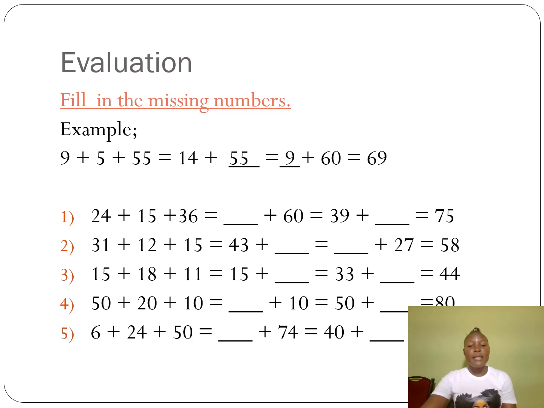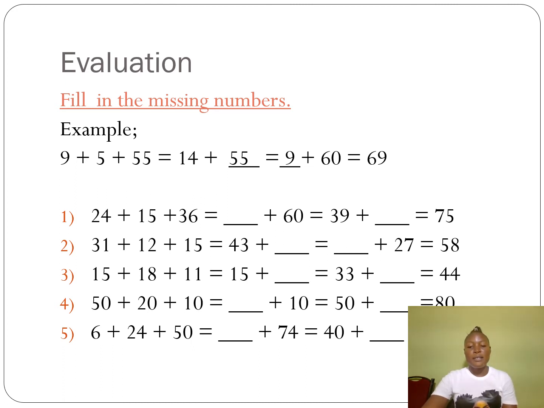50 plus 20 plus 10 is equal to dash plus 10, which is also equal to 50 plus dash, giving you the answer 80.